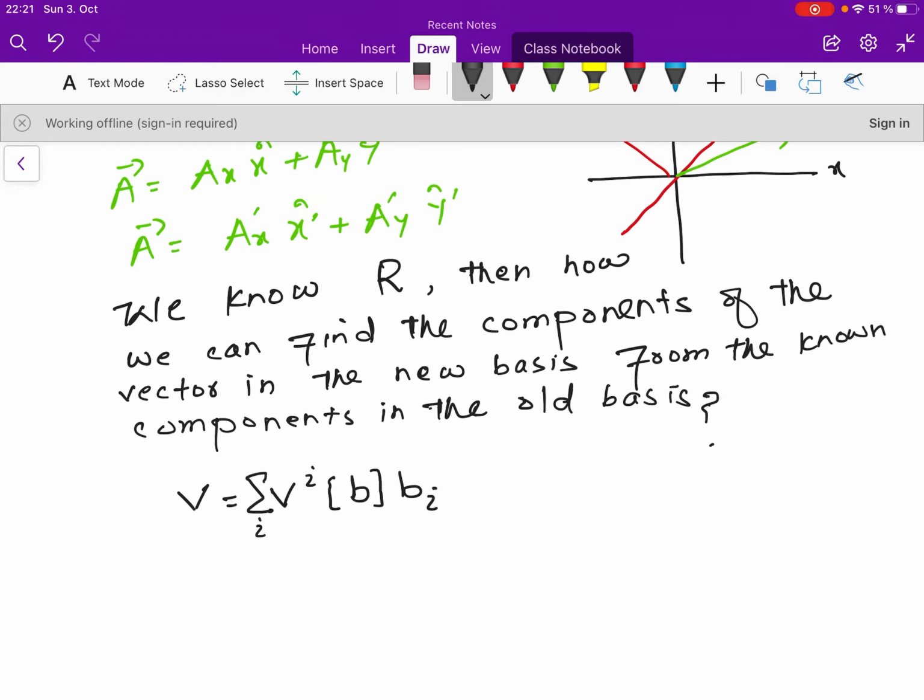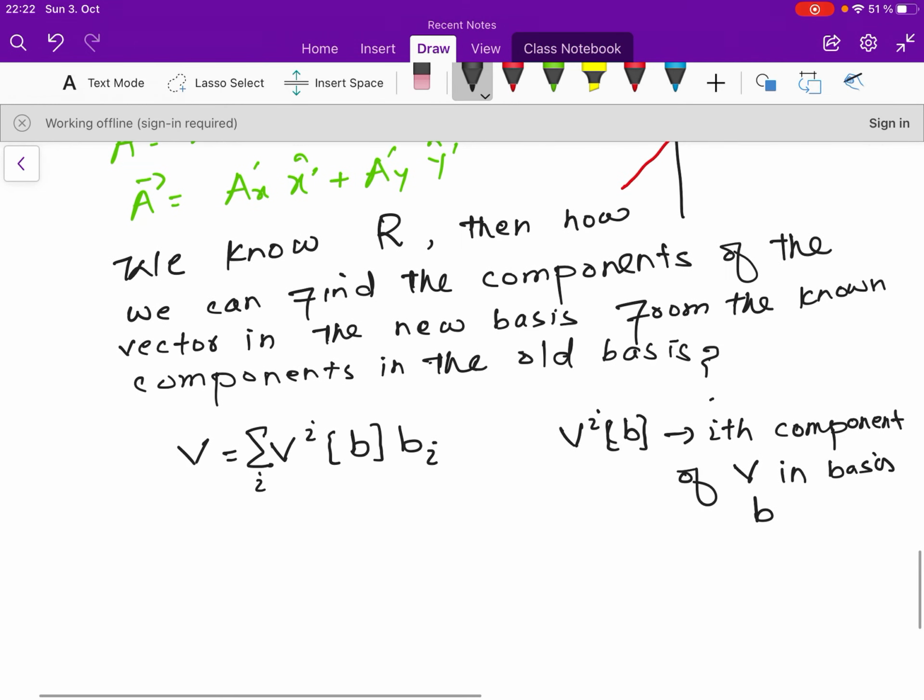So what is this notation? v^i_B is the ith component of v in basis B. If we consider basis B, then the ith component is represented by v^i_B.